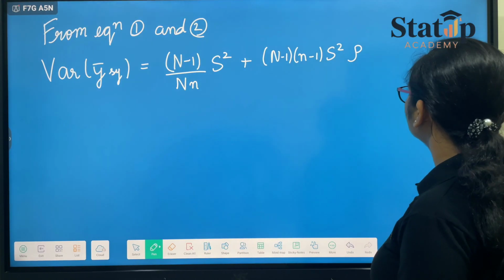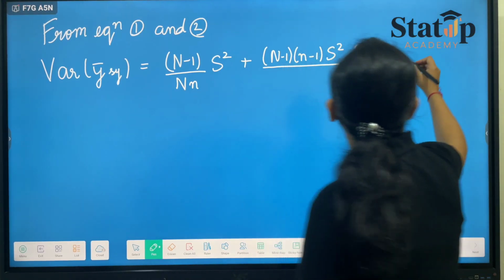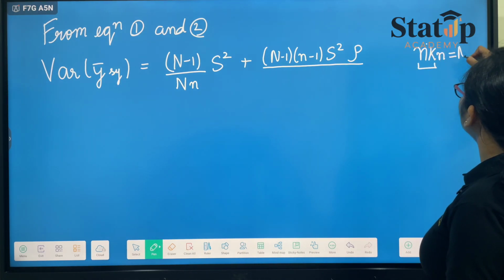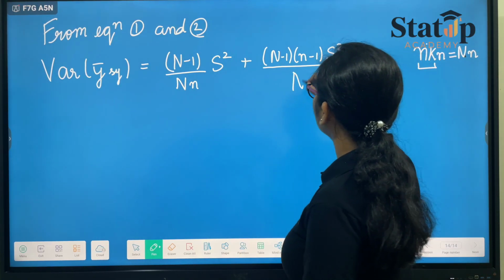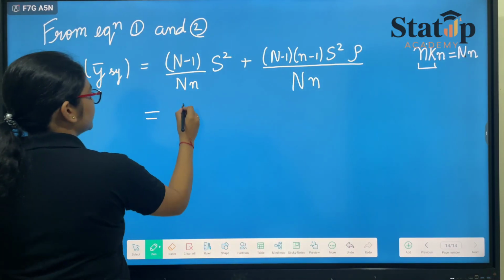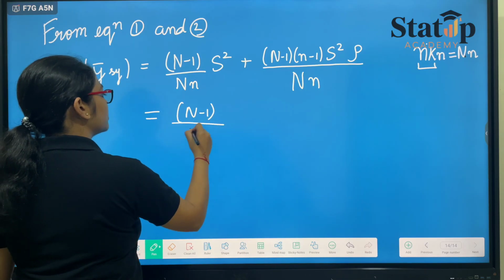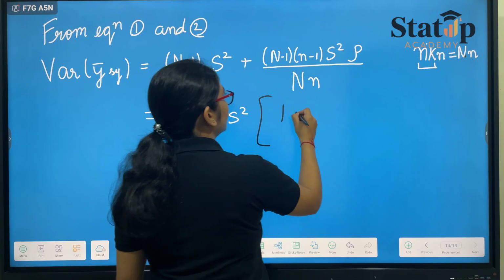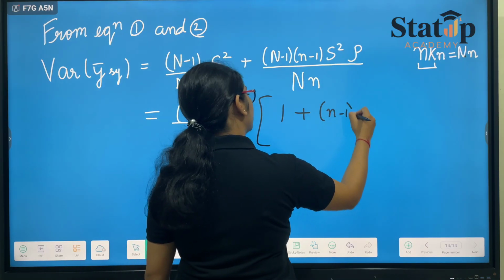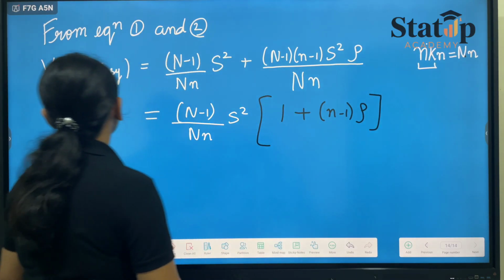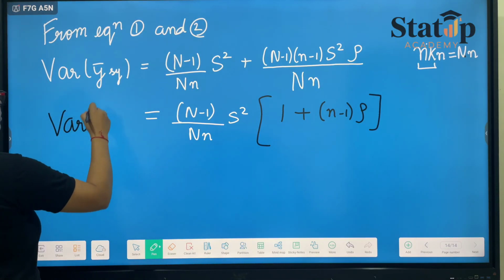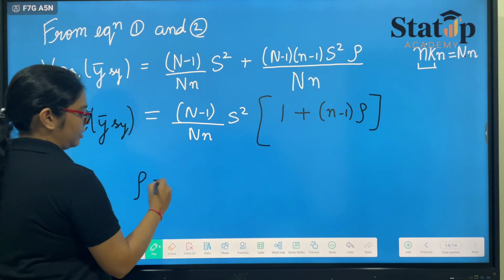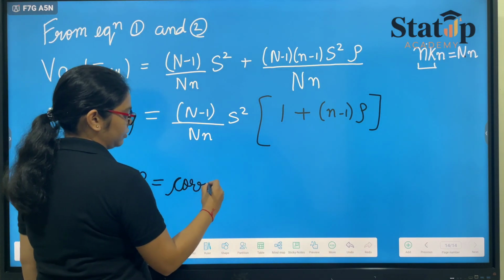So we'll put it as well. nk can be written as capital N, and these two are capital N and small n, so Nn. Taking out the common terms outside, (N minus 1) upon Nn S square, we are left with 1 plus (n minus 1) into rho. So this will be our variance of y bar systematic, where rho is nothing but the correlation coefficient.